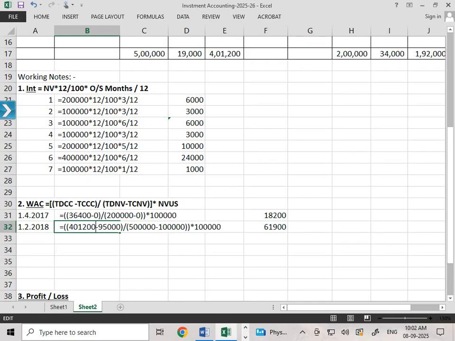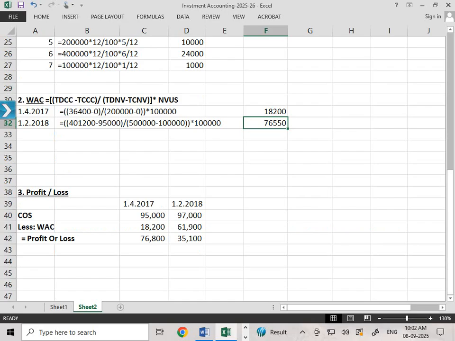Rest of the thing is right. So 76,550 weighted average cost.